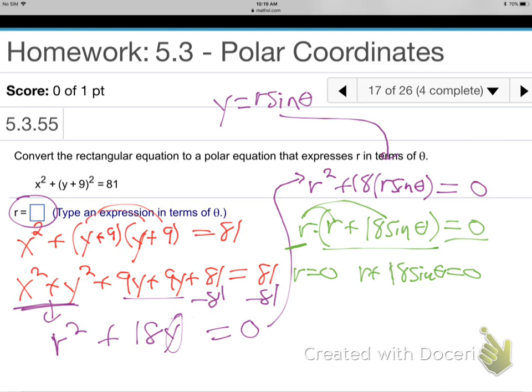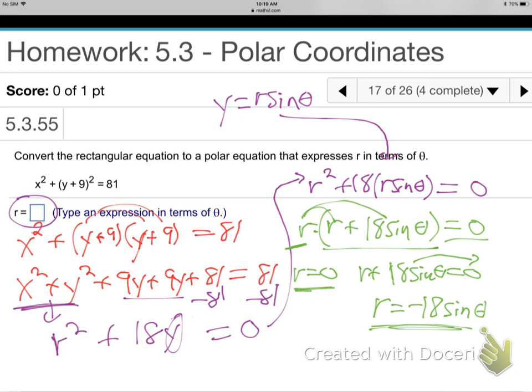Okay, so what? Well, let's finish getting r alone here. Let's jump this to the other side. So r will equal minus 18 sine theta. So we've got two answers for r alone.